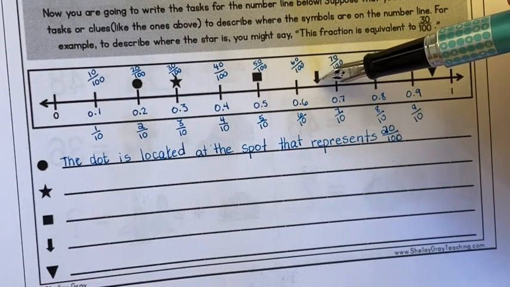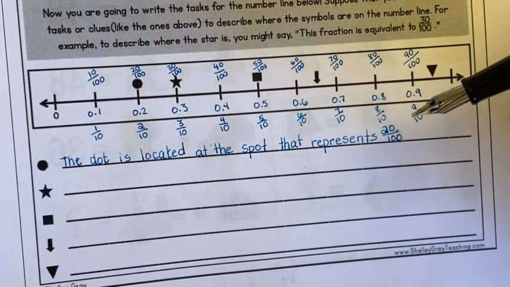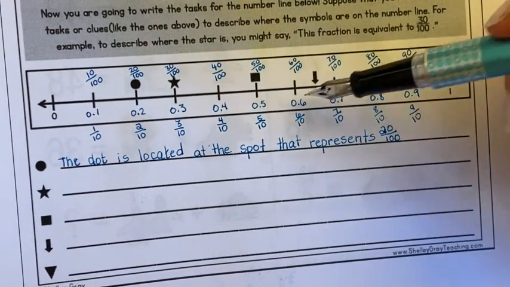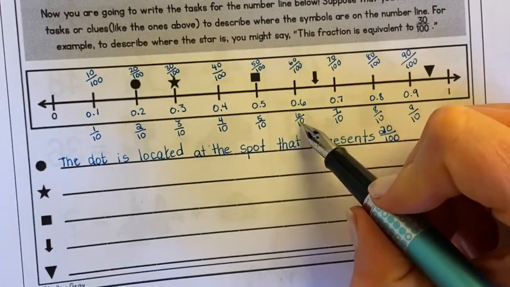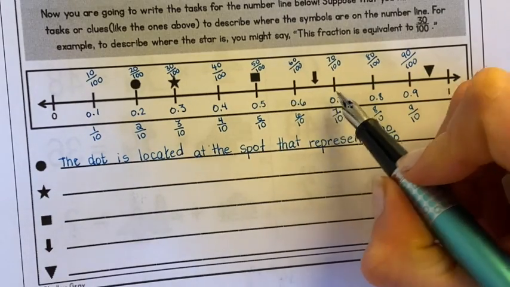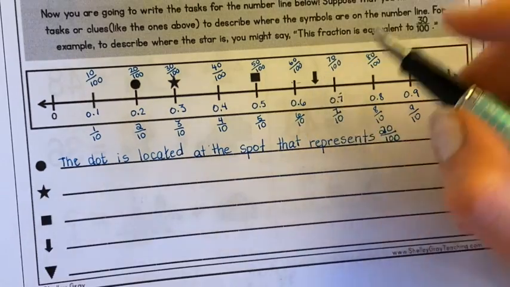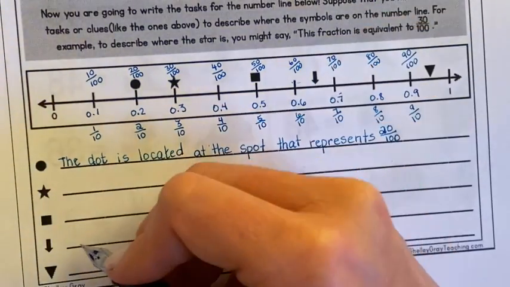Then I could do the arrow. I could say the arrow is equivalent to 6 tenths, or 65 hundredths, because this is 6 tenths. So it's in between 6 tenths and 7 tenths, or in between 60 hundredths and 70 hundredths, so it's 65 hundredths. So I'm going to find the arrow.